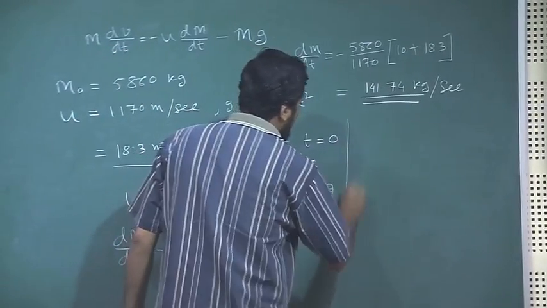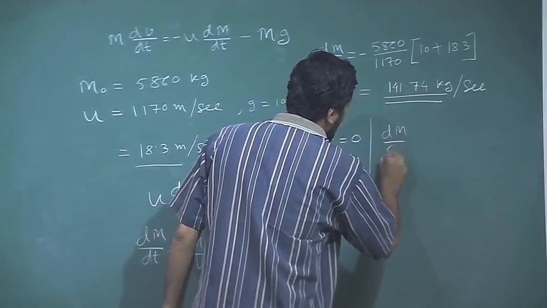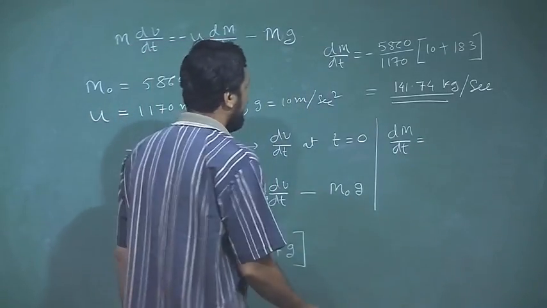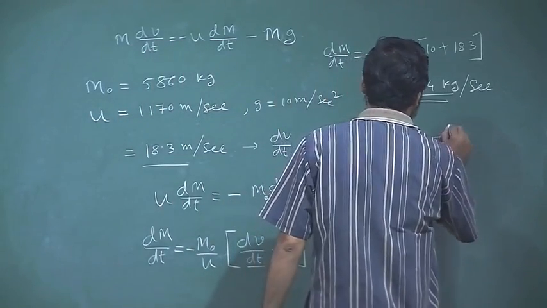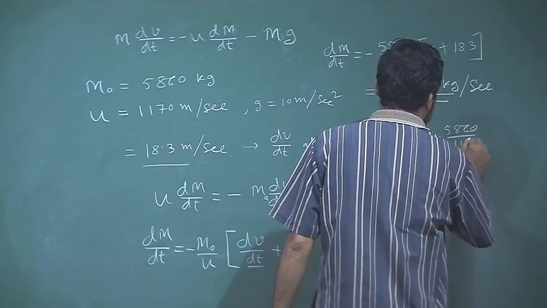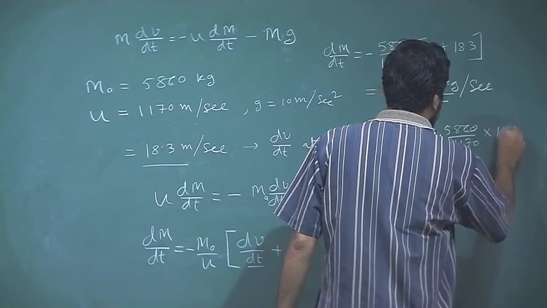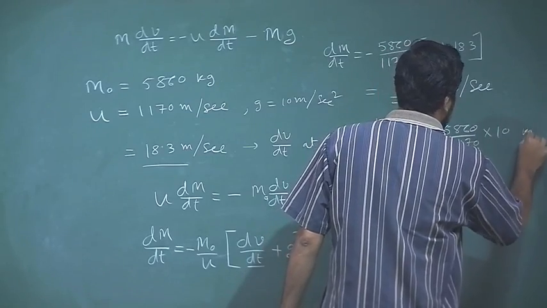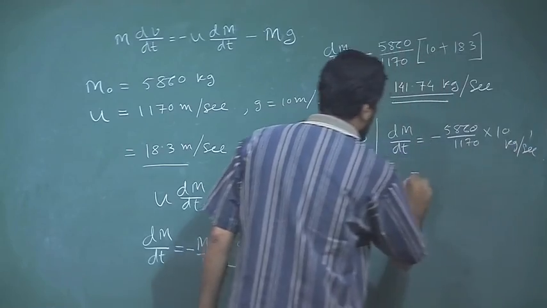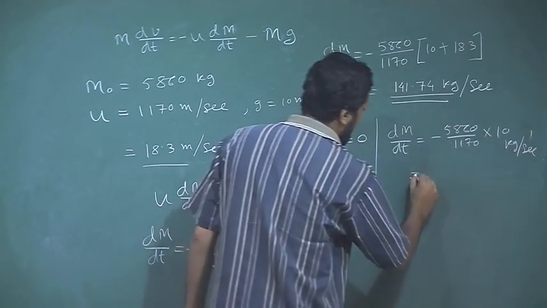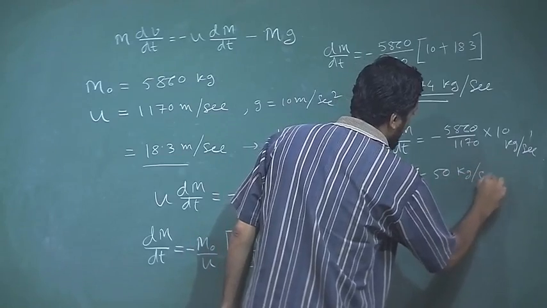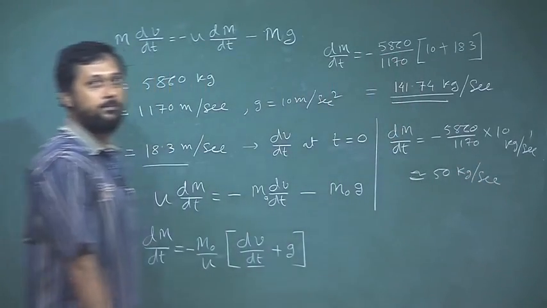So, your dm/dt in that case, when the rocket is leaving with 0 relative velocity with the ground, will be minus 5860 by 1170 into 10 kg per second, and if you recall this was almost 5. So, it will be approximately 50 kg per second.